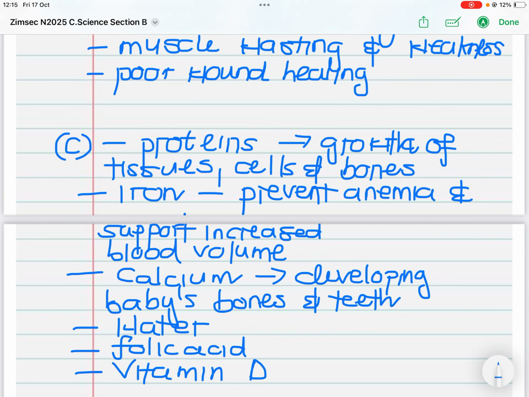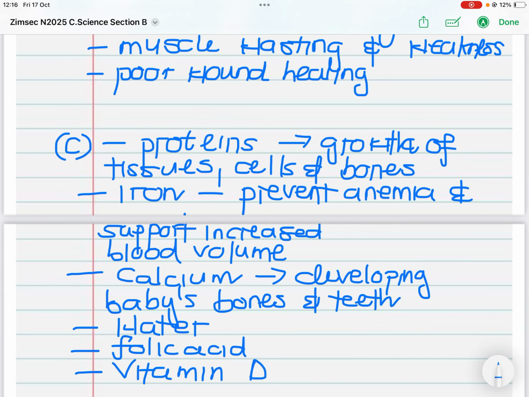So when you are explaining the diet for a pregnant mother, you're supposed to explain why you are suggesting a certain nutrient. For example, here we said proteins. This is going to support growth of new tissues, cells, and bones. Iron is needed to prevent anemia and support increased blood volume.